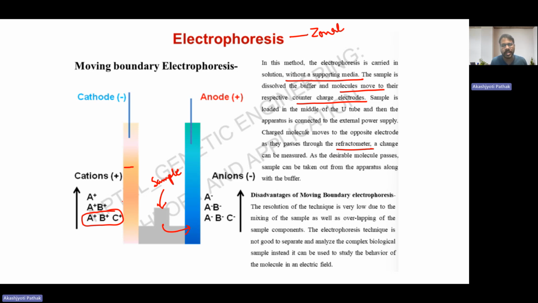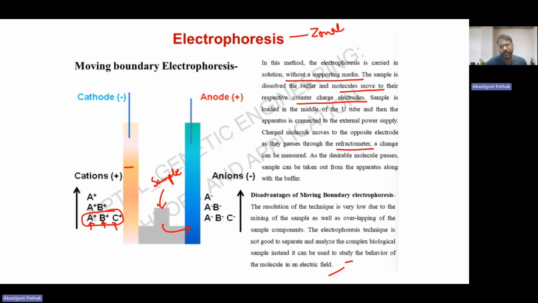So the samples will not be separated. It is not able to separate these three different components in the sample, the A species, B species, and the C species. So that is why the resolution is low for moving boundary electrophoresis. Okay.